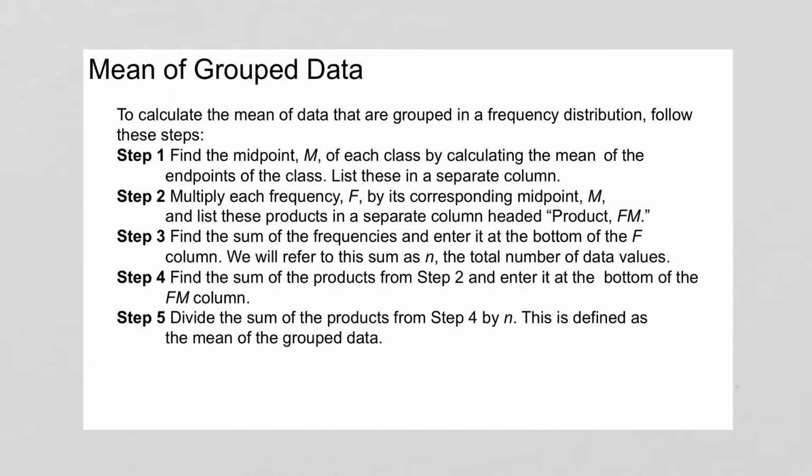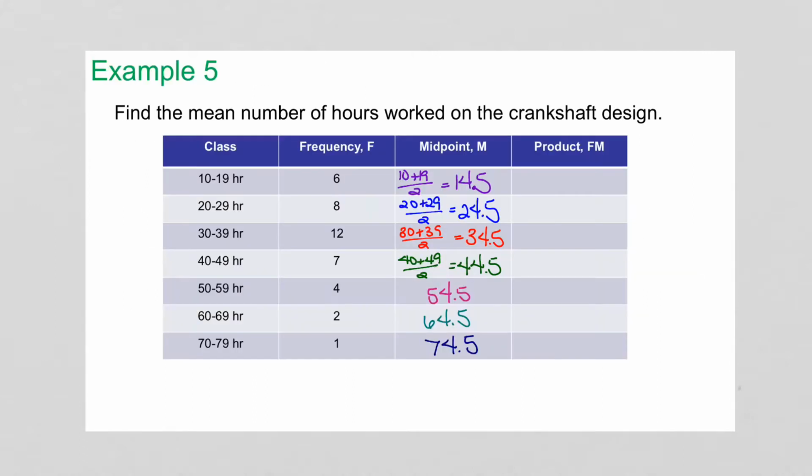Step two says multiply each frequency by its corresponding midpoint. So we'll take 6, the frequency, times 14.5 and get 87. For the second one, 8 times 24.5, we get 196.